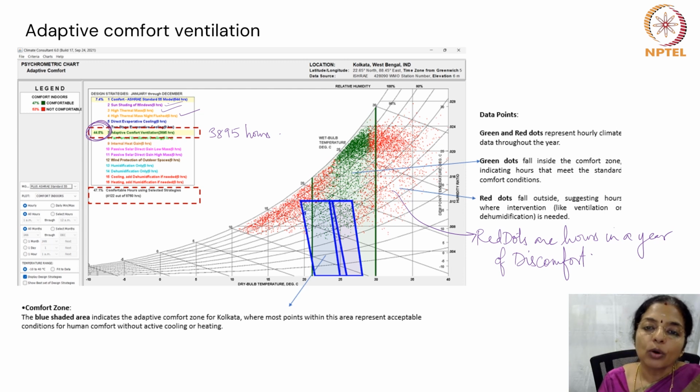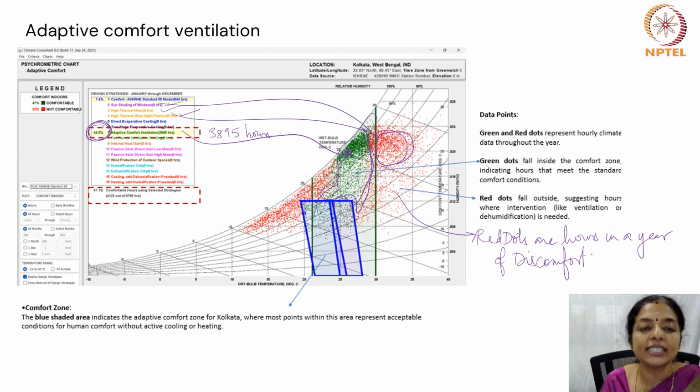So only here there is comfort because I have followed the evaporative cooling, adaptive thermal comfort ventilation. I have followed. Therefore, this alone is green. If we want to make this red as green, we have to follow some of these strategies.